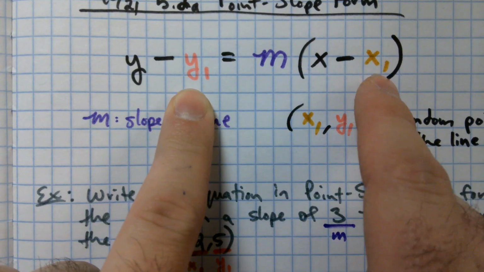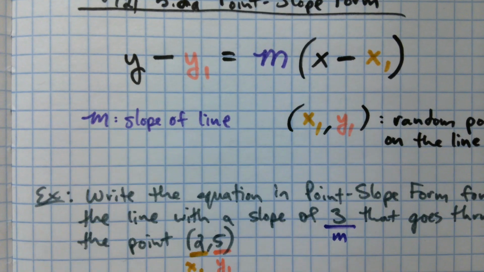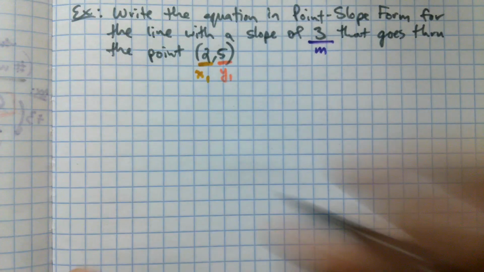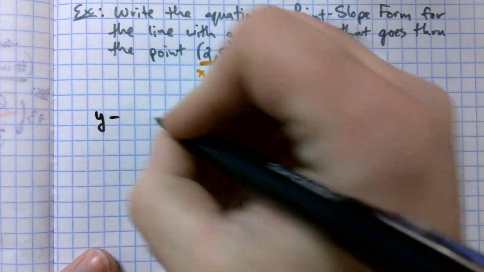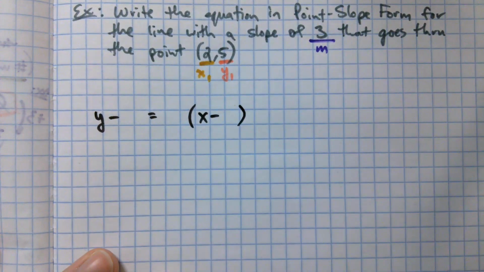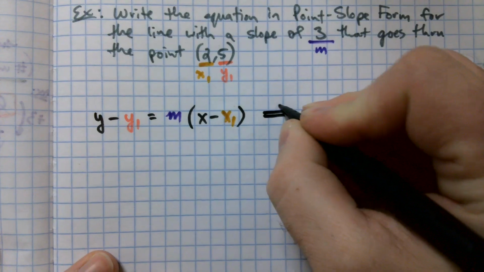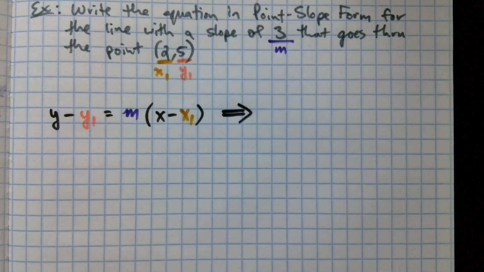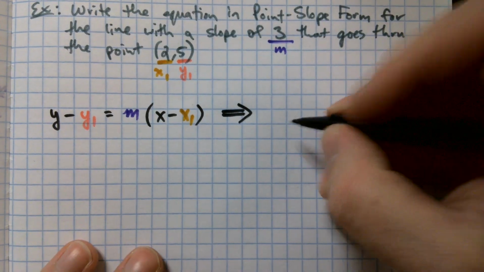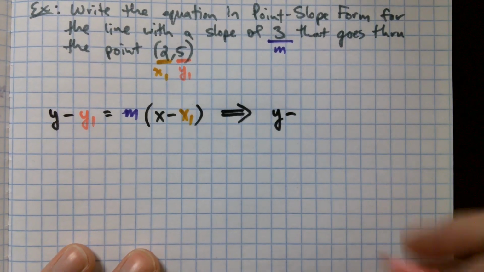y1, m, and x1. You can't just say y and x, because y and x are staying as y and x. Okay? So, I'm going to rewrite it. y minus y1 equals m times the quantity x minus x1. All right? And this is going to turn into y minus, what's y1 here?